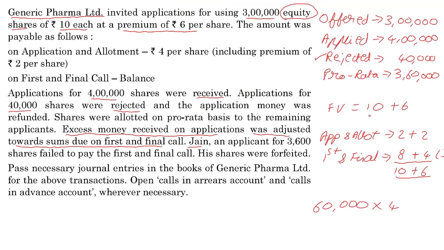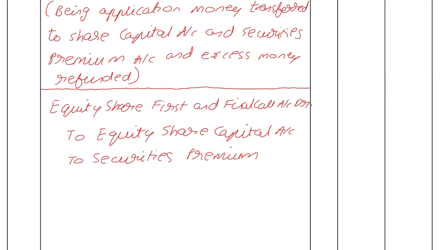So I'm going back over here. Okay, I notice it. The total is 8 plus 4, which is 12. Fine. How many shares did I offer? 3. So 3 into 12, I think is 36. So 36 lakhs I will debit. Okay, 36 lakhs I will debit equity share first and final call account.